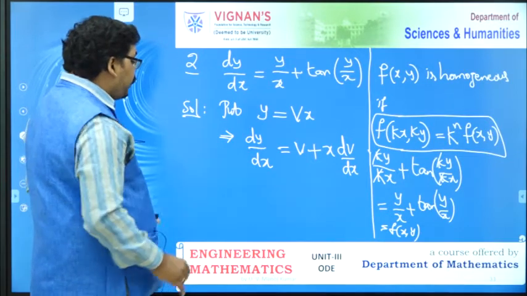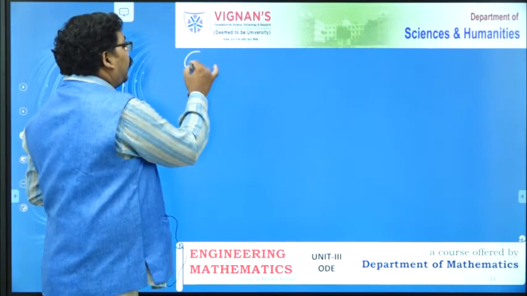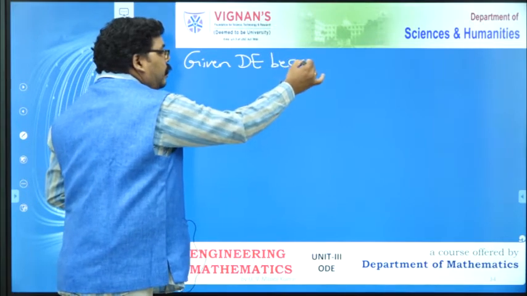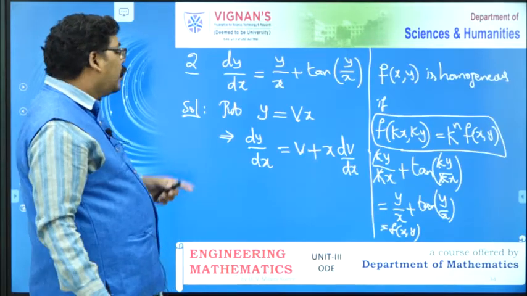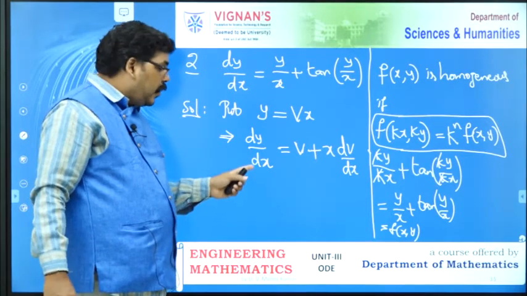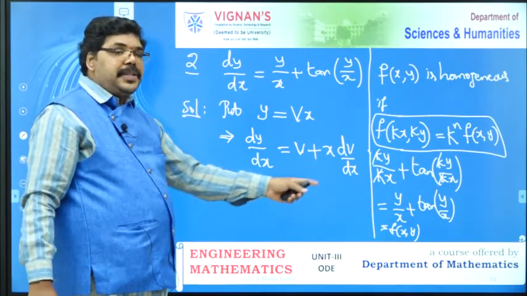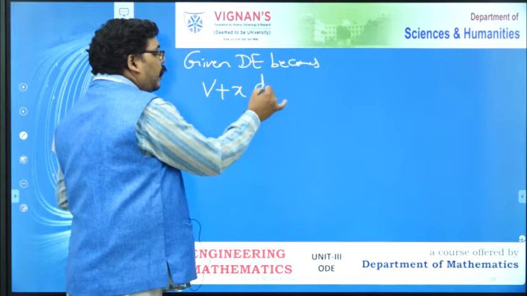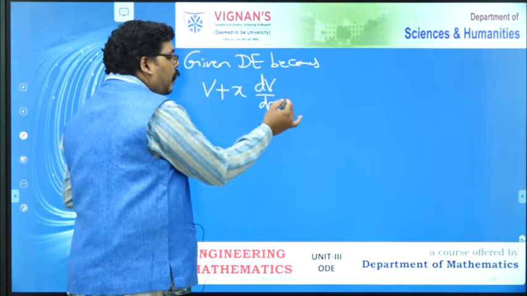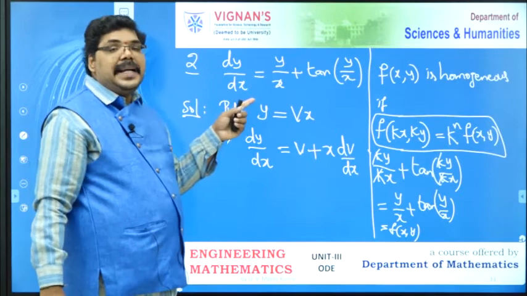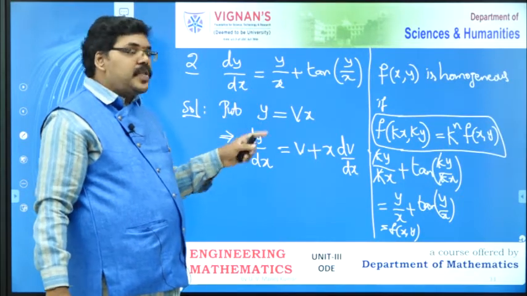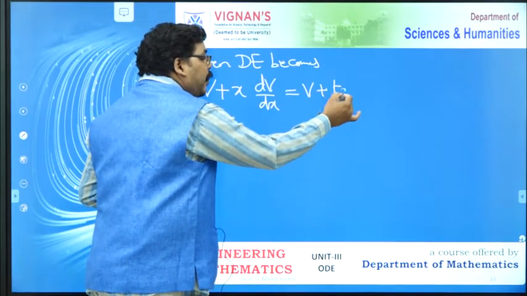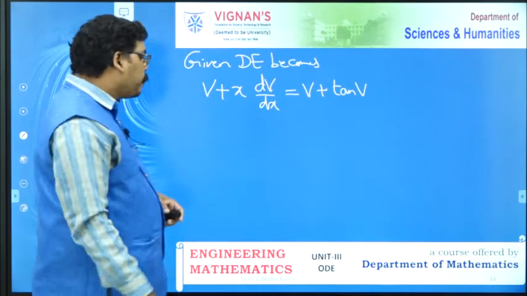So dy by dx is replaced with v plus x into dv by dx. On the right hand side, y by x becomes v, tan y by x becomes tan v.